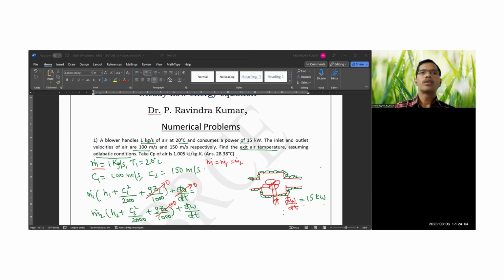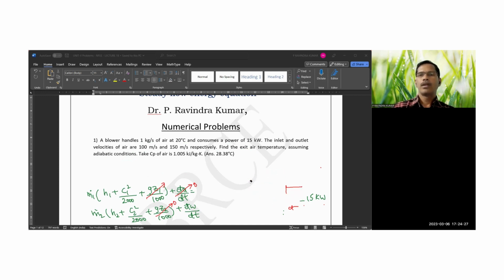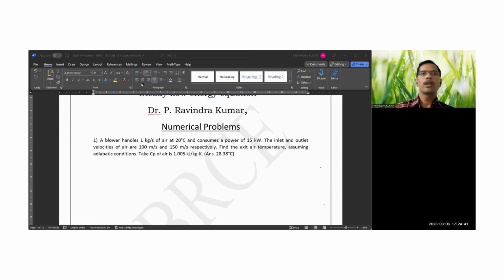Now how are you going to solve after using this steady flow energy equation for the blower?